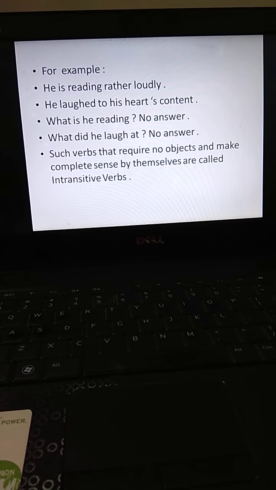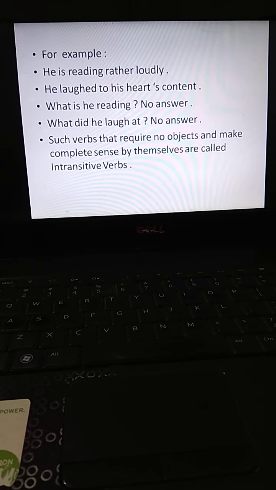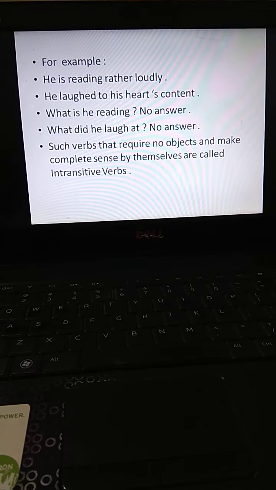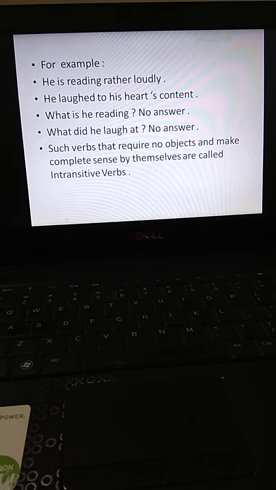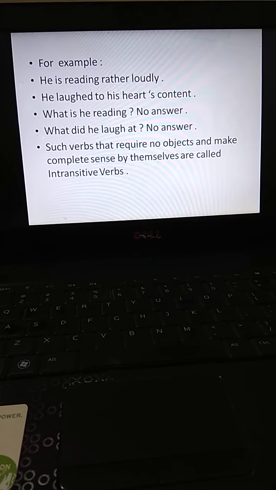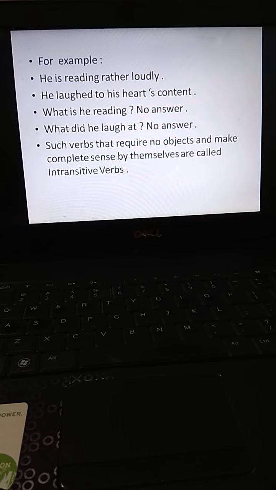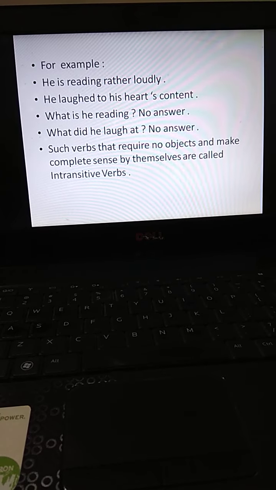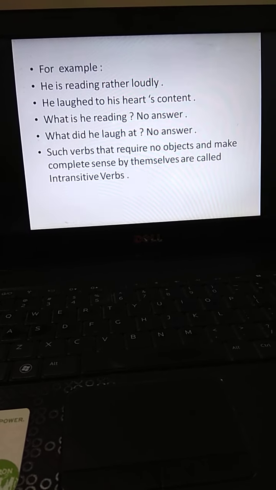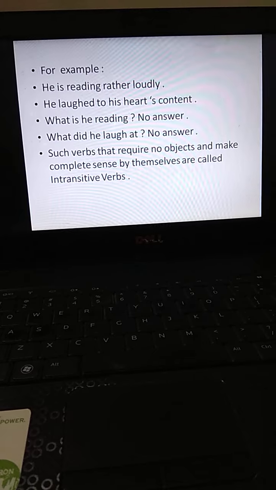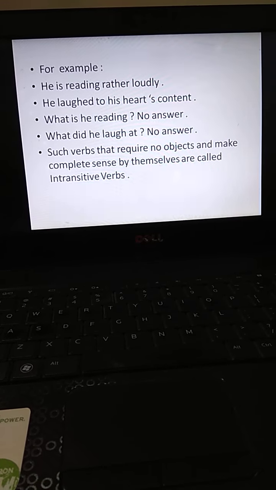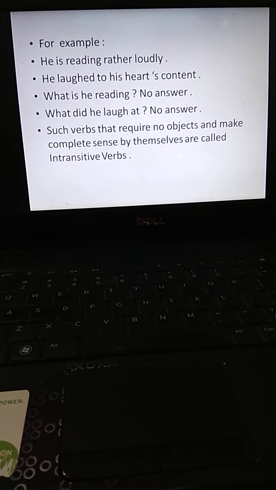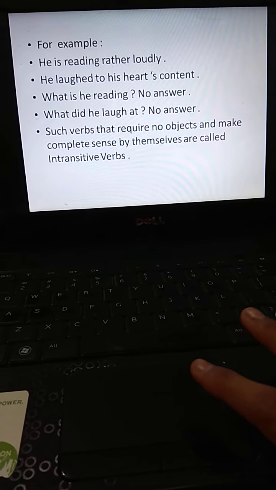But in intransitive verbs, verbs that require no objects and make complete sense by themselves are called intransitive verbs.